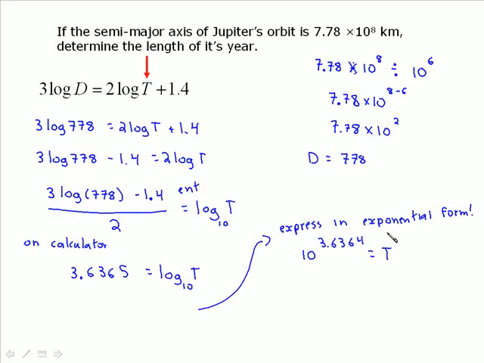Now you can use the 10 to the exponent function on your calculator with your second answer, or just keep the decimals alive on the calculation and you'll be fine. And you'll get t is equal to 4329.8. So Jupiter's year is 4330 days if we round to the nearest day.